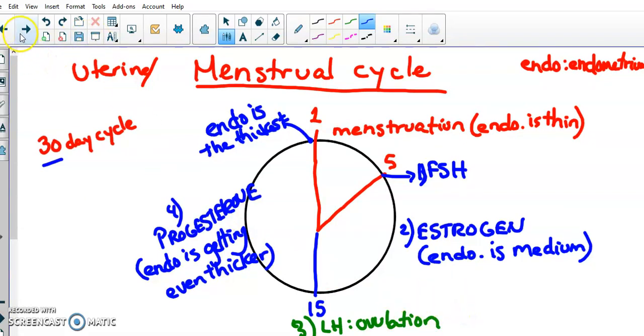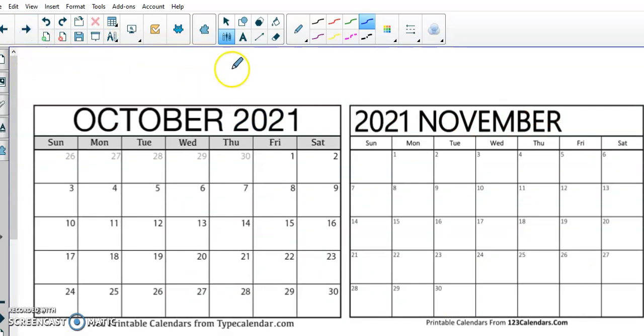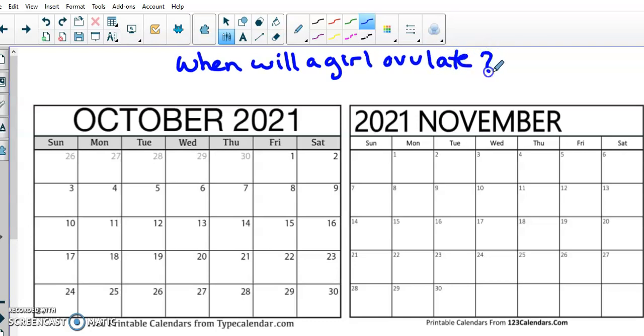So the next question we might ask you: when will a girl or a woman ovulate? First of all, in order to know that, you need to know when she started her period and you need to know her cycle.